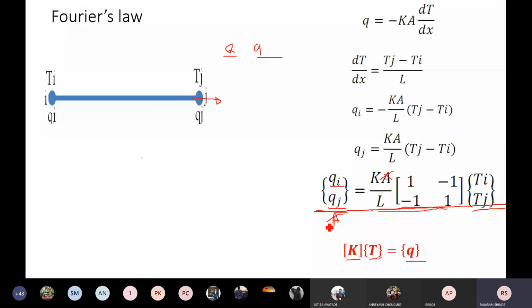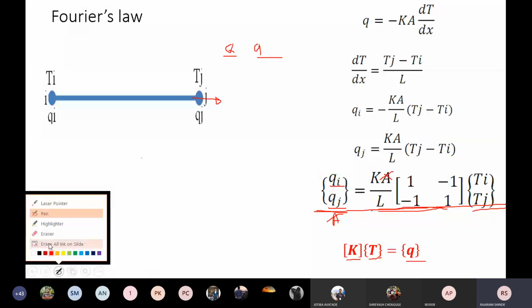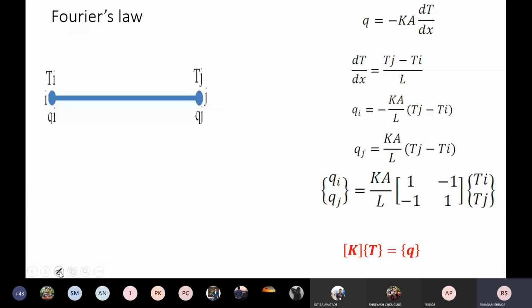Do you agree with this? Yes, sir. So this becomes heat flux, and this equation is applicable for both heat flux and heat flow. If you have doubt, you can ask me, otherwise I will go for the numerical on this.